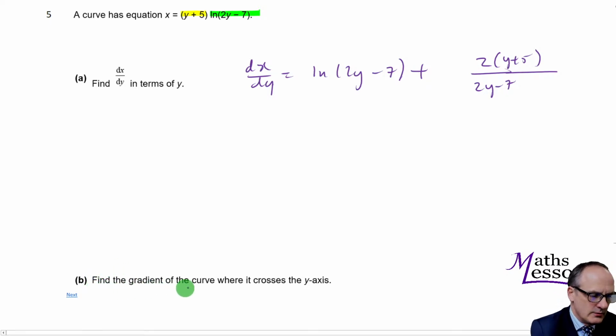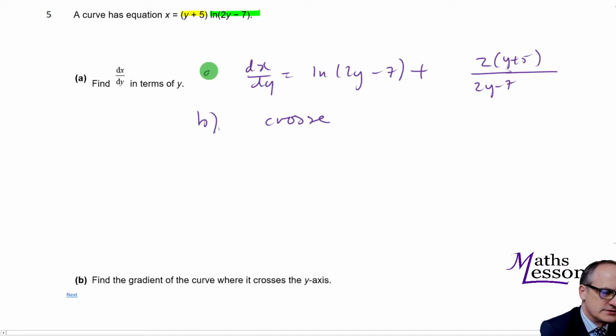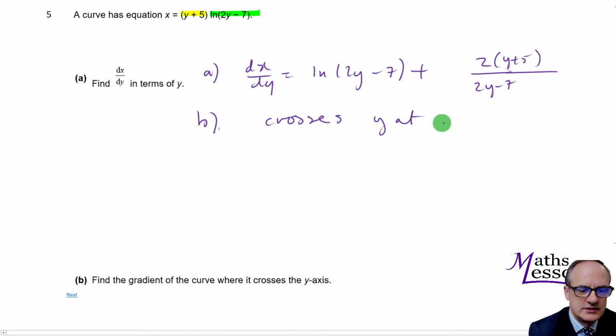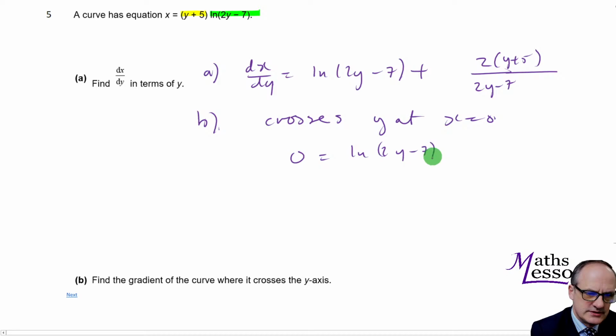Nothing more to do. We want to find the gradient of the curve where it crosses the y-axis. So I'm doing part B here because that will save me messing around with the screen. It crosses the y-axis at x equals 0. So therefore we've got 0 equals, if x equals 0, natural log of 2y minus 7 plus 2y plus 5 over 2y minus 7.